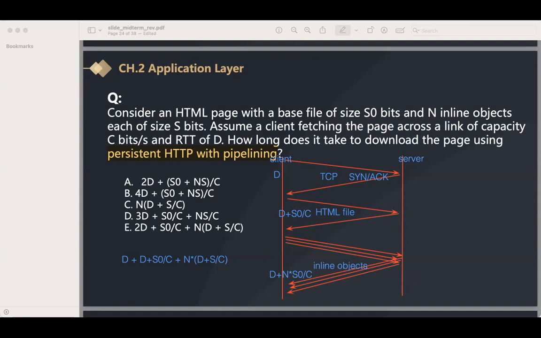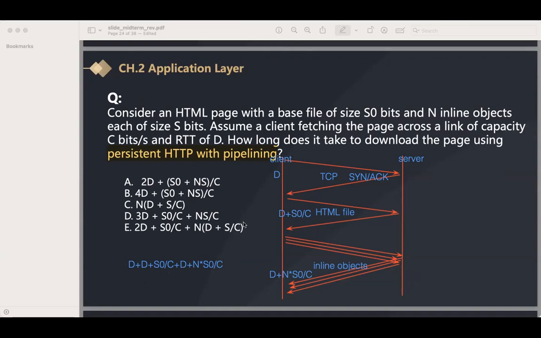So the answer for this part will be slightly different. It's d plus s0 divided by c, plus d plus n times s0 divided by c. So that's how we do the calculation in this part for the HTTP.